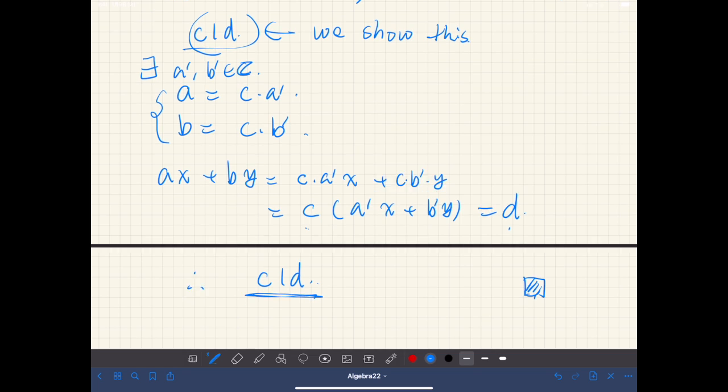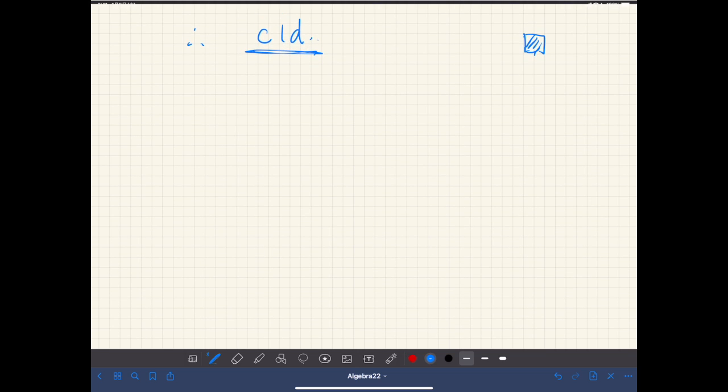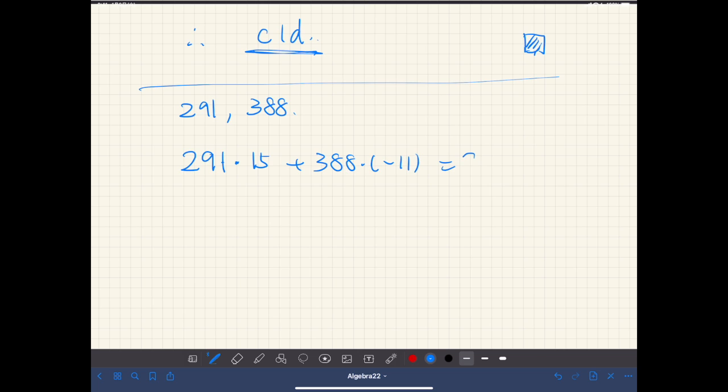Let's see an example. Consider two integers, 291 and 388. You can validate this equation: 291 times 15 plus 388 times negative 11 is equal to 97.